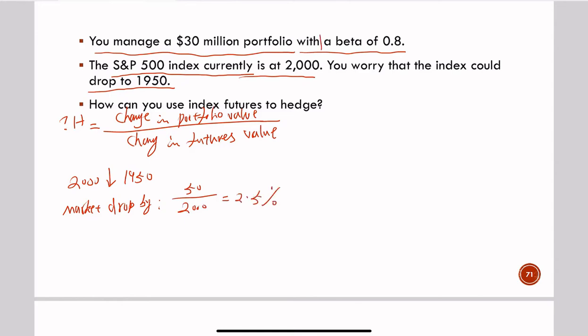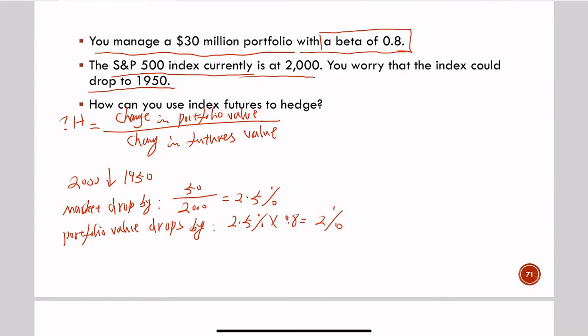And then the portfolio has a beta of 0.8. So in this case, the portfolio's value will drop by 2.5% times beta 0.8, which is 2%.